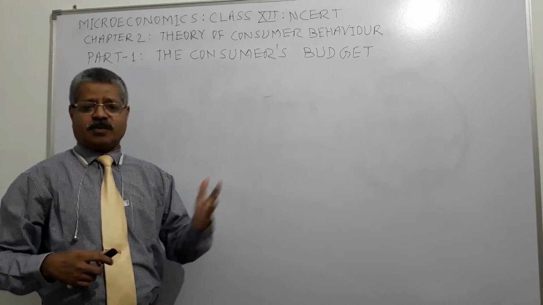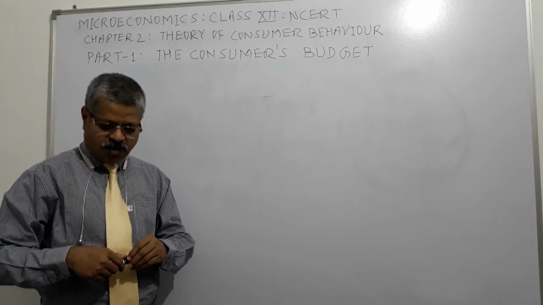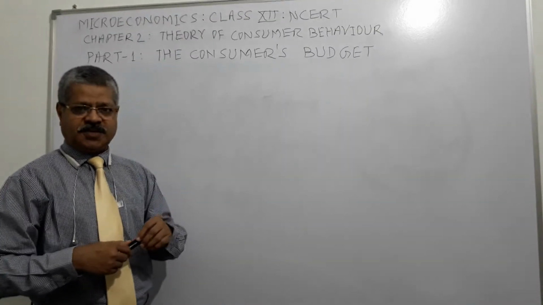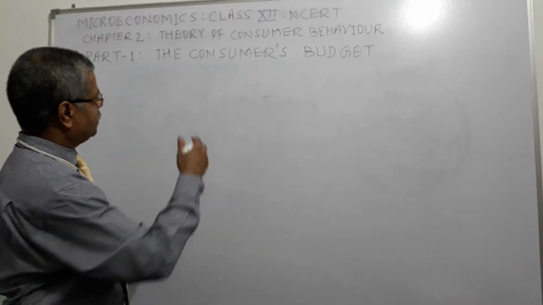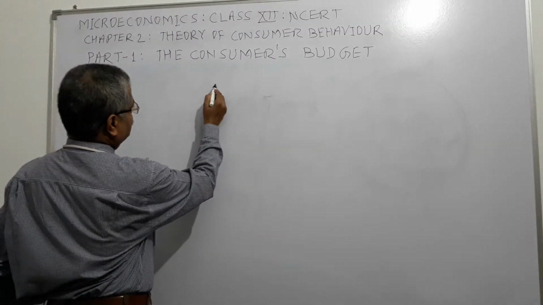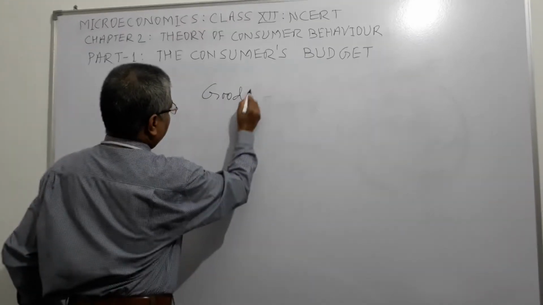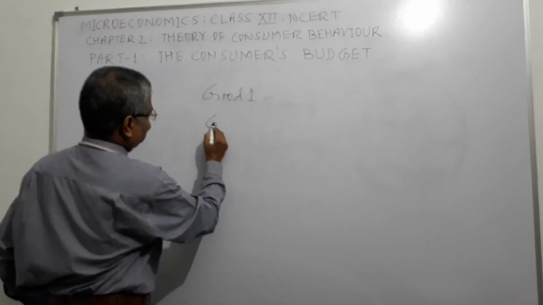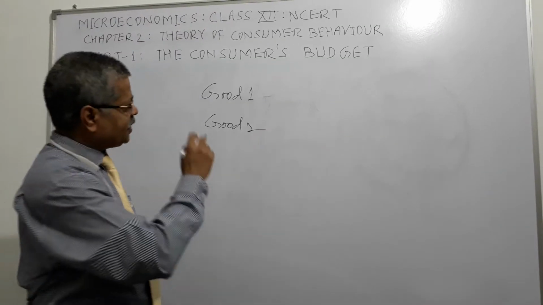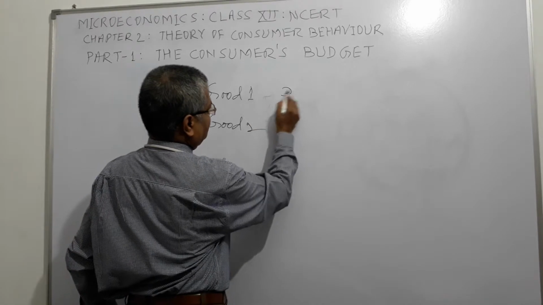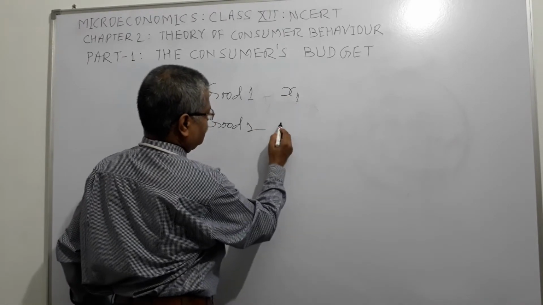Any consumer consumes a very large number of goods and services, right? For the sake of simplicity, we will talk here of two goods, good 1 and good 2. Quantity we will denote like this: x1, x2.